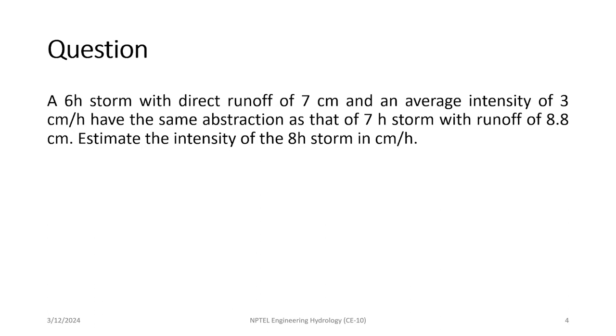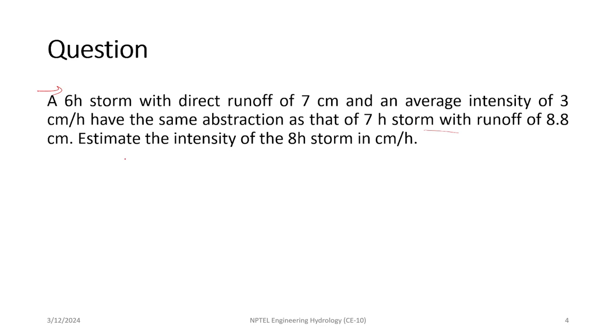So here is the question. It is saying that a 6-hour storm with direct runoff of 7 centimeter and an average intensity of 3 centimeter per hour has the same abstraction as that of a 7-hour storm with runoff 8.8 centimeter.